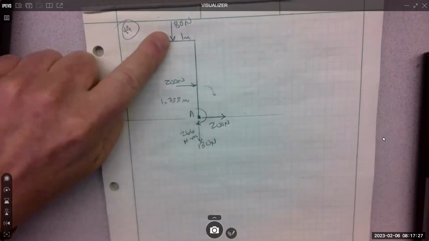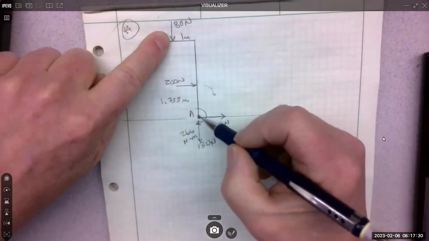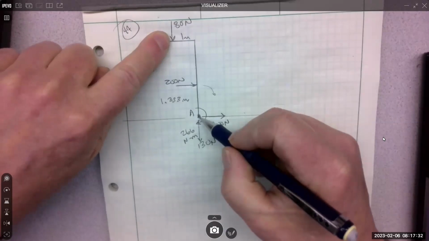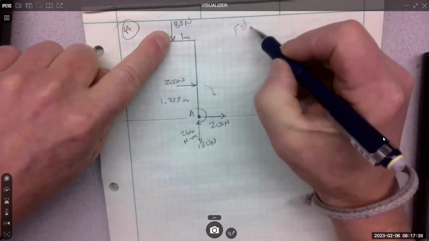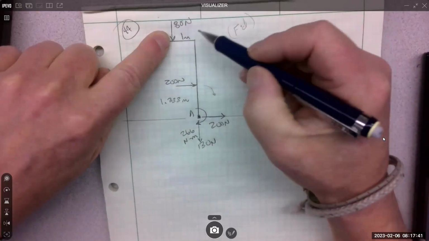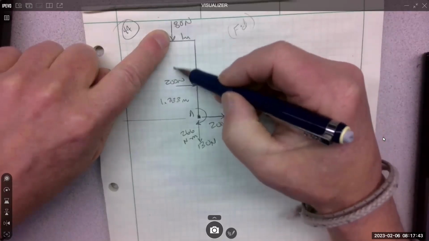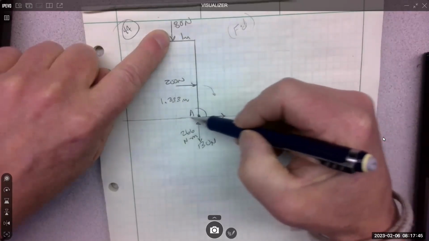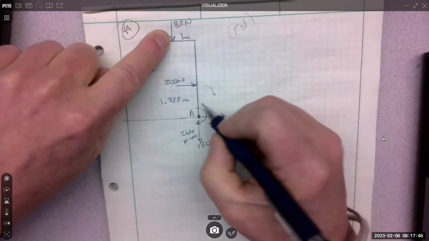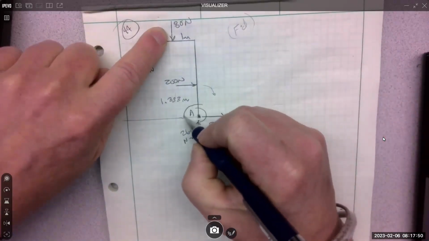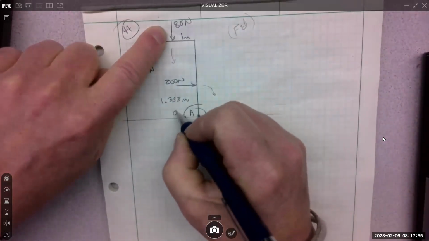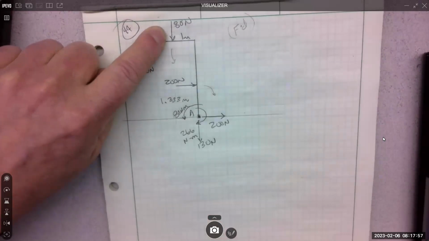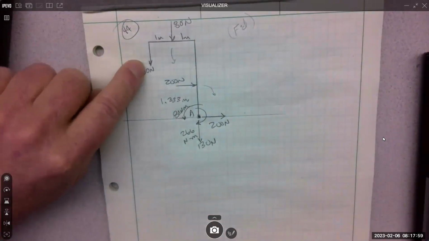So what's the moment of the 80 about point A? Moment is force times distance. Yeah, it's 80 times 1, right? So if I moved it down and the perpendicular distance is right here, 80 times 1. And its rotation is the other direction. It's rotating that way. 80 Newton meters.